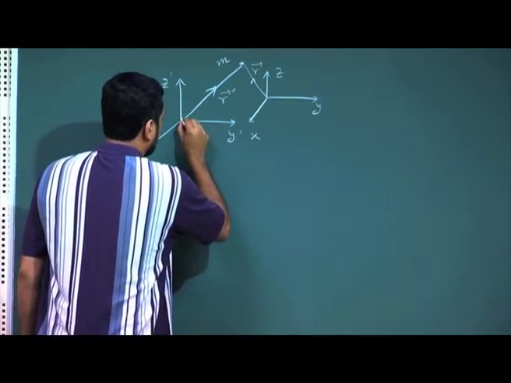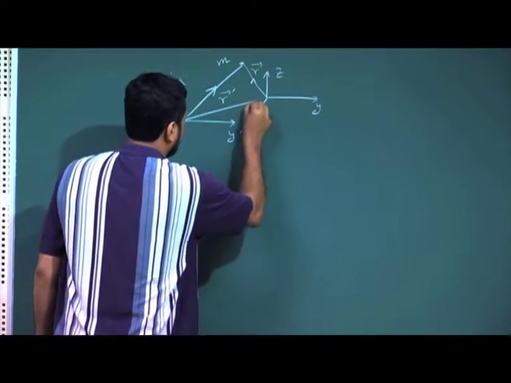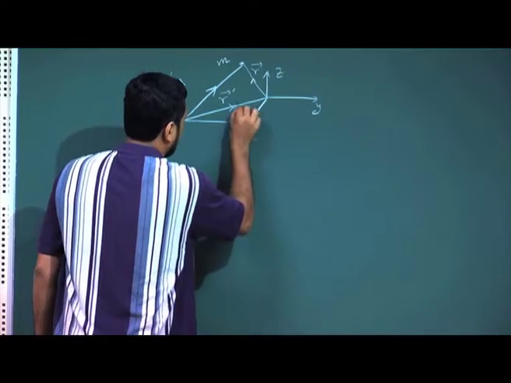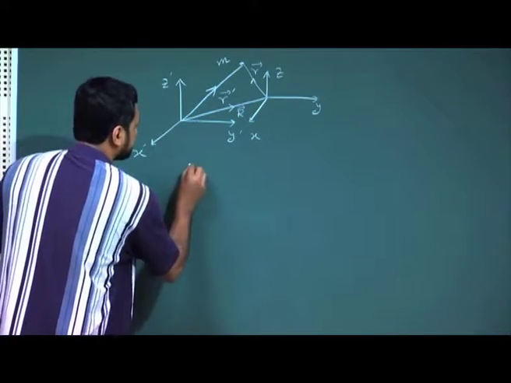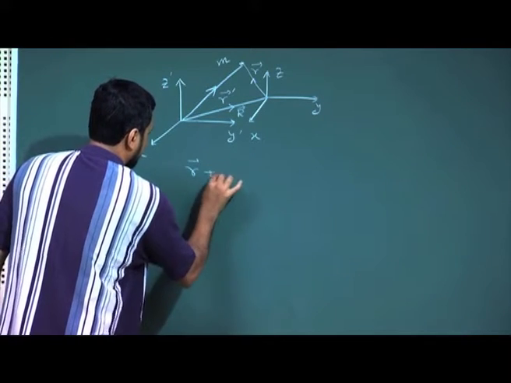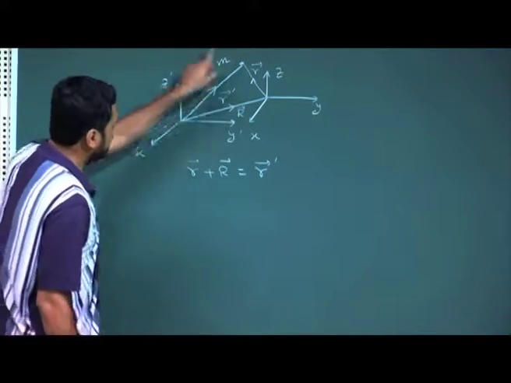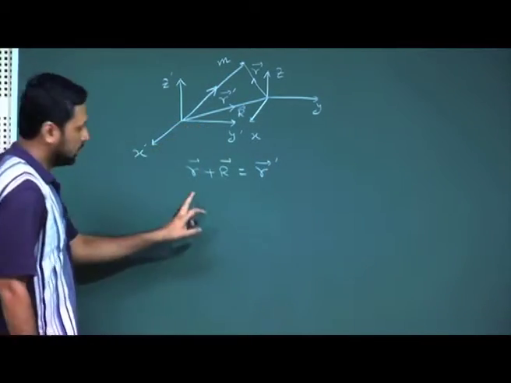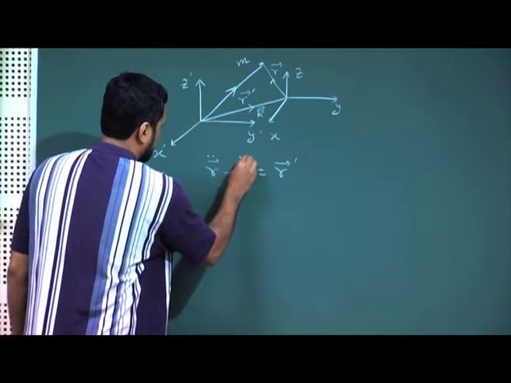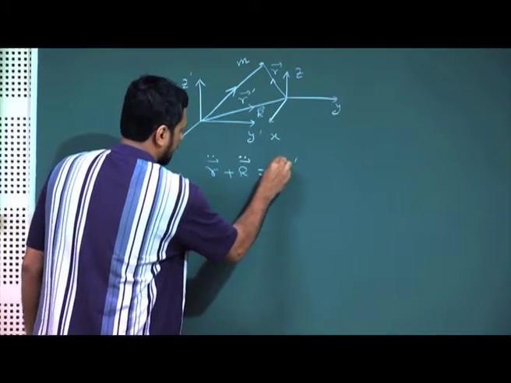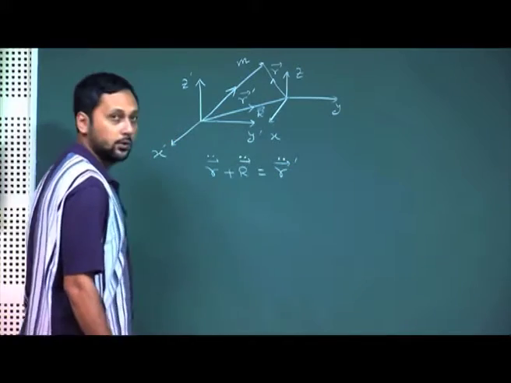Now, if the location of the origin of this particular frame is capital R with respect to this frame, then we can write R plus r is equal to r prime. This is just from vector addition. Now, if this is the case, then R double dot plus r double dot is equal to r prime double dot.